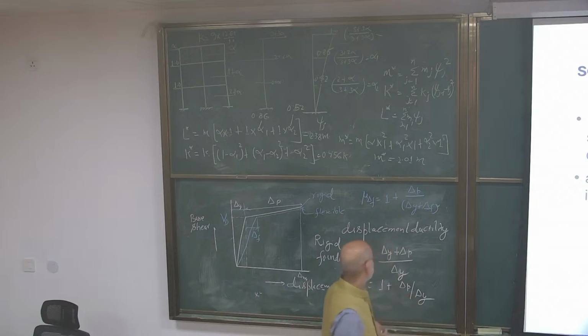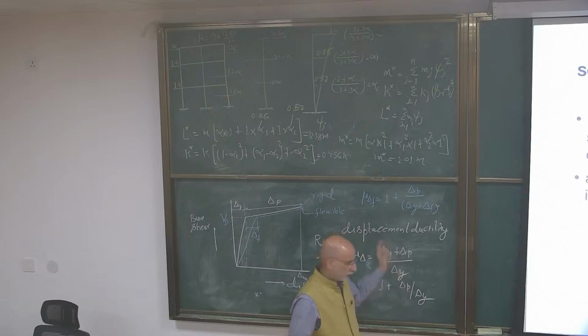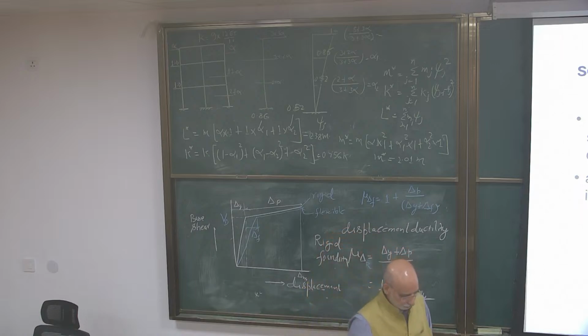So you can reduce it. If your flexibility is 0, so delta F is 0, you should get the same result. That's all. This much is the only extension I wanted to show of how the ductility is calculated.